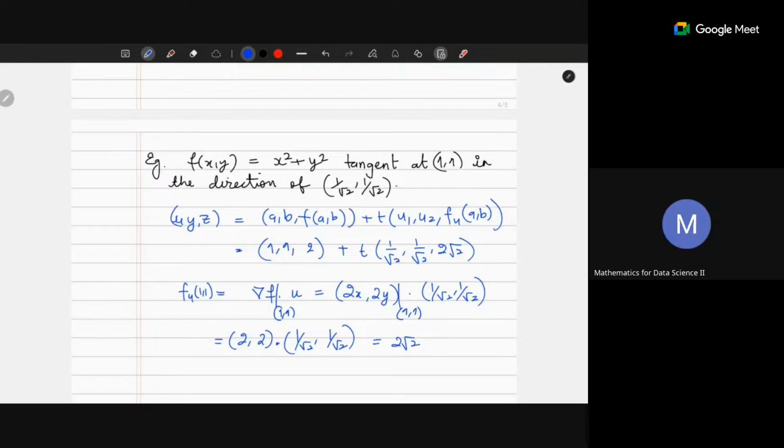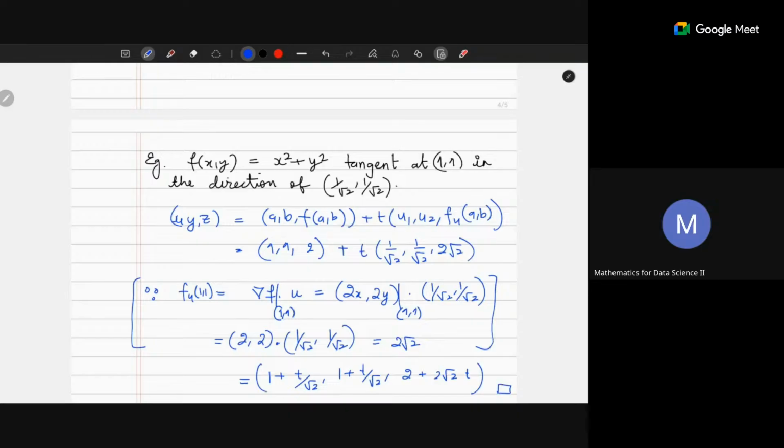All right. So now the answer will be 1 plus t by root 2, 1 plus t by root 2, 2 plus 2 root 2 t.